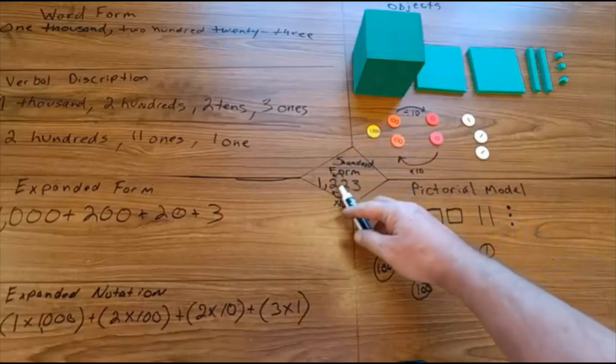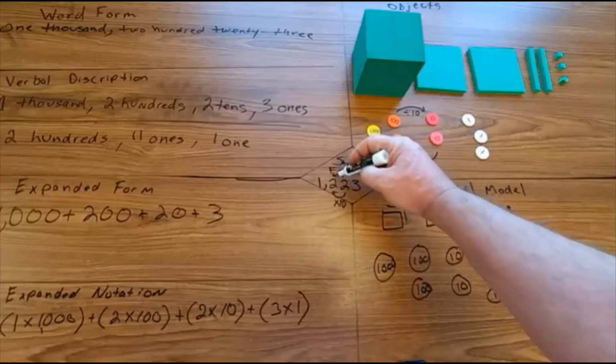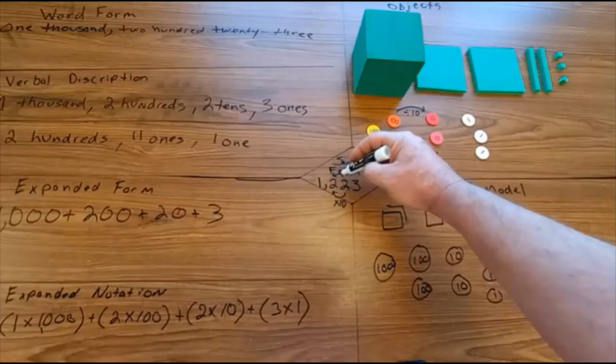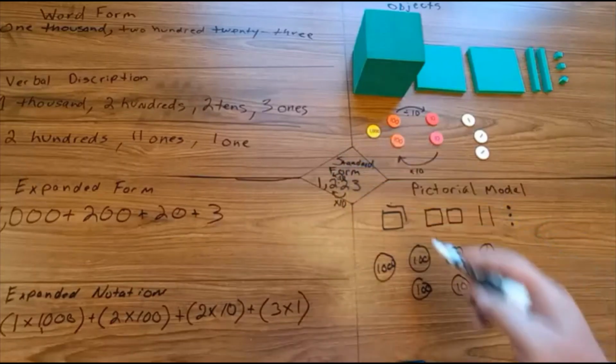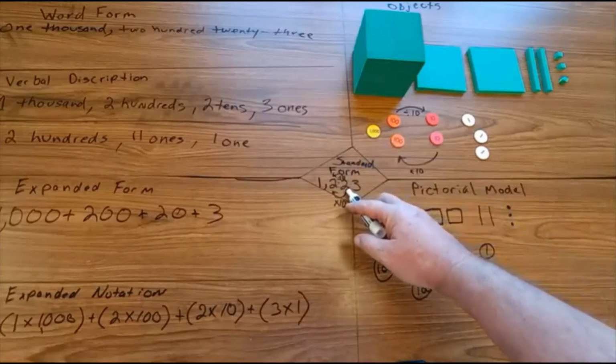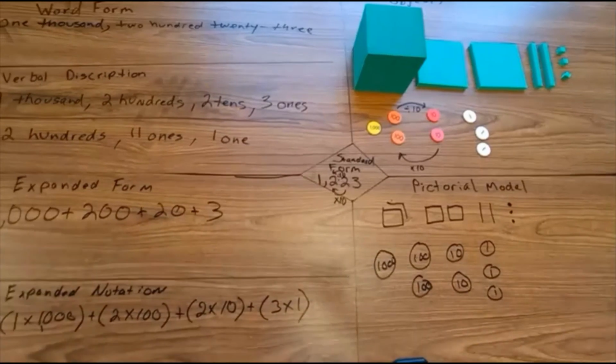If I'm talking about the value of the hundreds place in relationship to the tens place, if I took 200 and divided by 10, that would be the value of the 2 in the tens place, which is 20. So that's just another extra when we talk about the relationship between the place values. So that's all for that video.